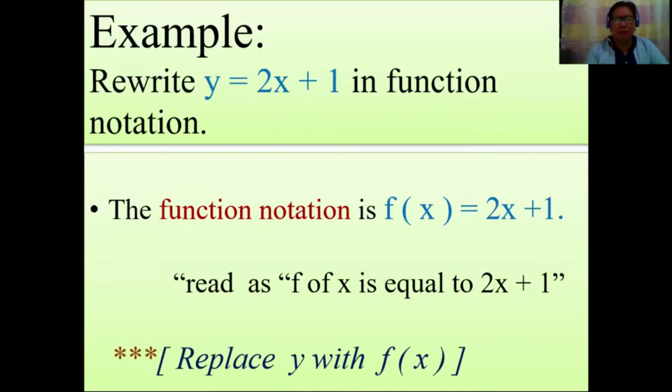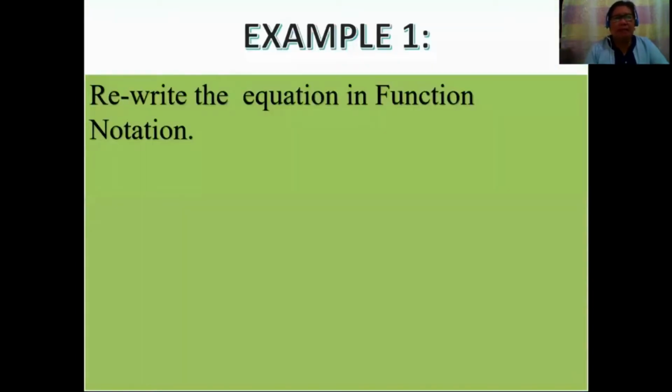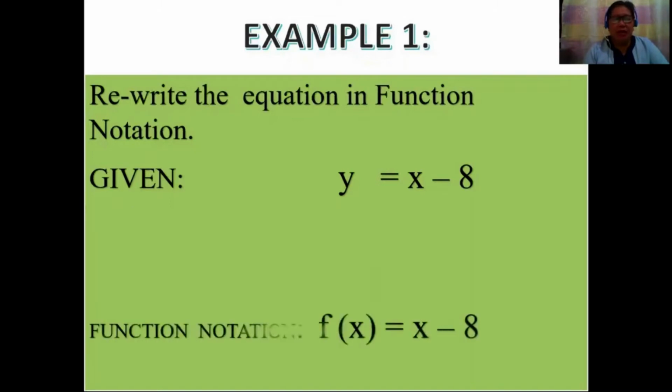Next, let us have more examples. The given is y is equal to x minus 8. How will you rewrite this in function notation? So the function notation is f of x is equal to x minus 8.